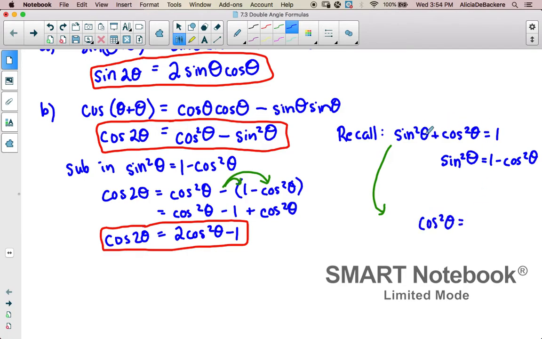That means I need to move the sine squared theta to the other side and subtract it. So I'm going to sub that into my original equation, substituting cos squared theta equals 1 minus sine squared.